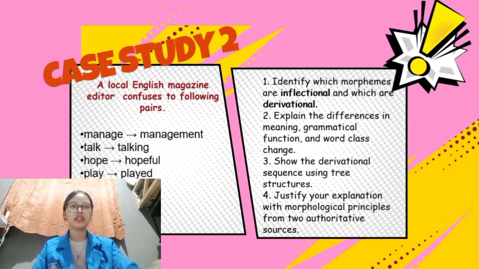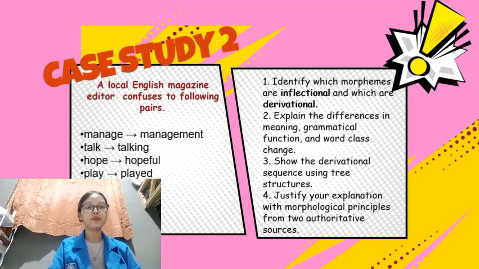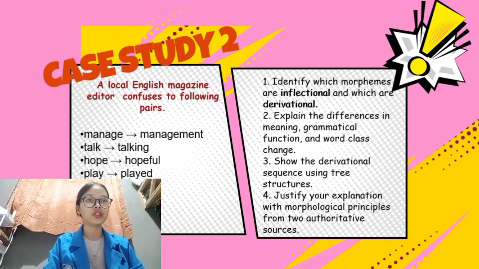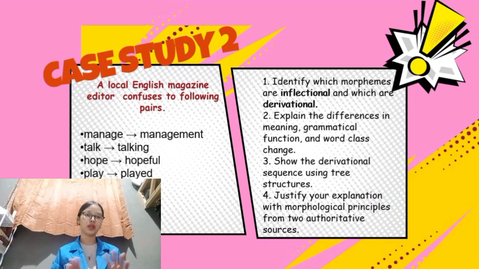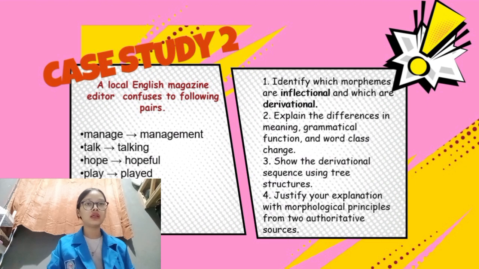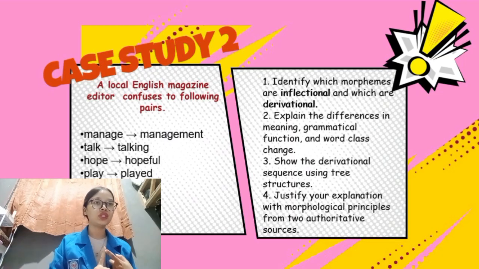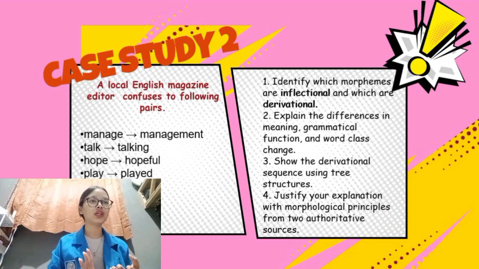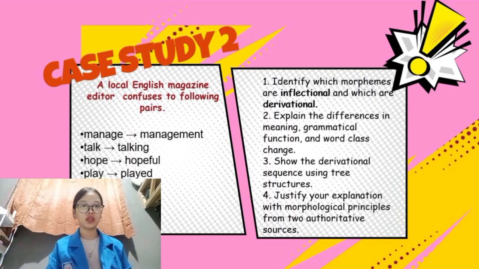Next, case study 2. A local English magazine editor confused the following pairs: manage becomes management, talk becomes talking, hope becomes hopeful, and the last is play becomes played. The first one, we have to identify which morphemes are inflectional and which are derivational.